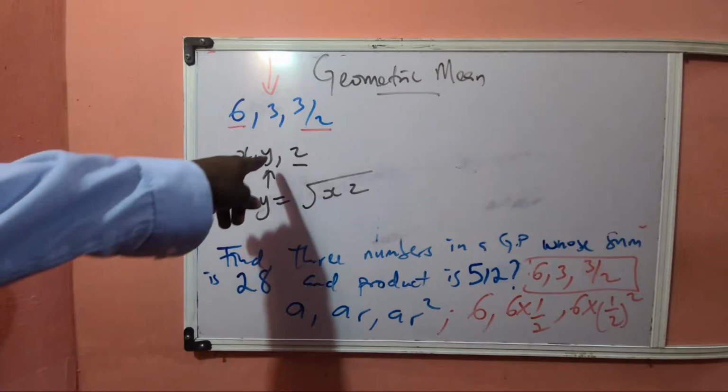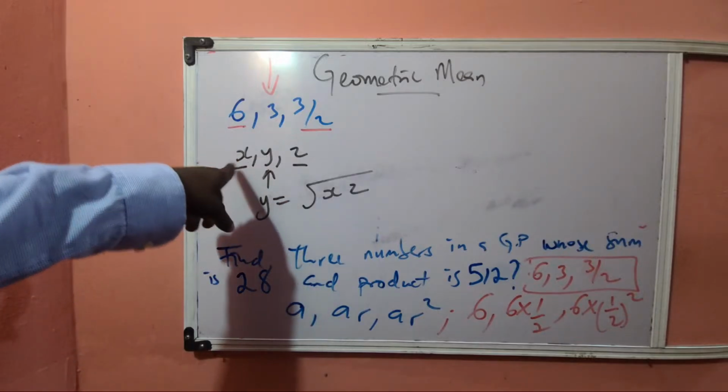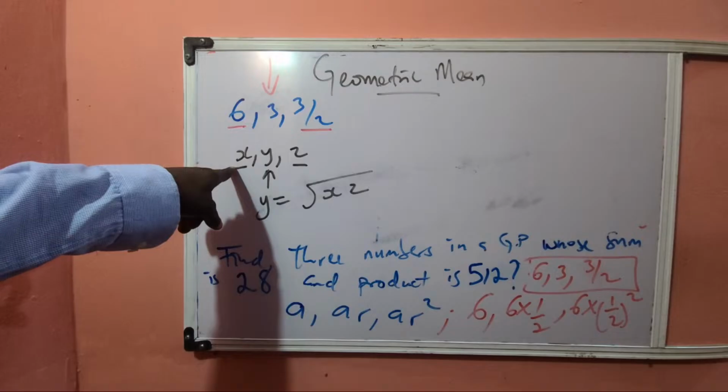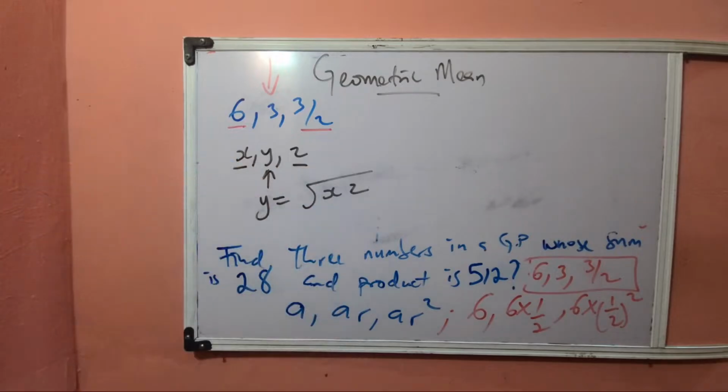So in the case where you're not given Y, what you want to do is to find the square root of the product of these two values.